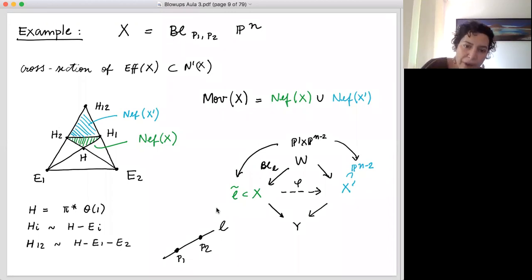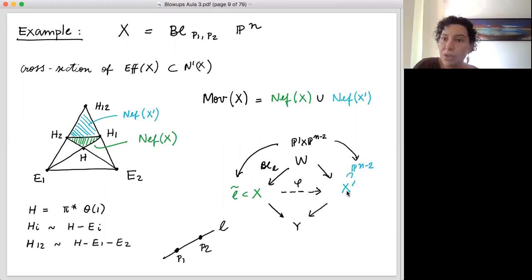On our variety X, we could look at the L tilde, which is the strict transform of a line passing through 2 of the points. This curve can be blown up, and then the exceptional divisor could be contracted in the other direction. In this way, we define this birational map, which is an isomorphism in codimension 1.